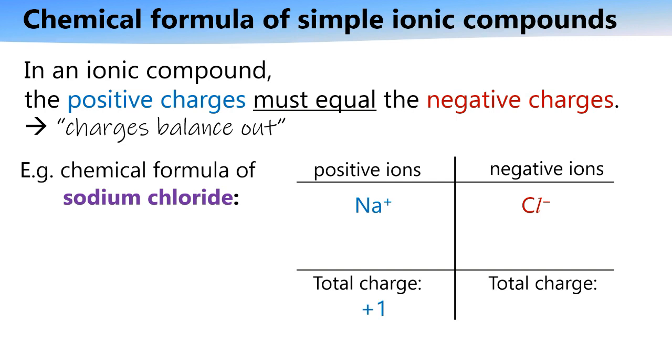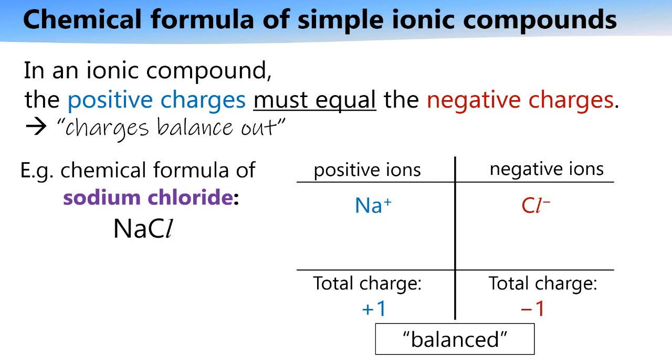I have +1. And for the negative ions, I have -1. Are the charges balanced? +1 and -1. Yes, the charges are balanced. So the chemical formula for sodium chloride is simply 1 Na and 1 Cl because they can balance each other out. So you write that out as NaCl.